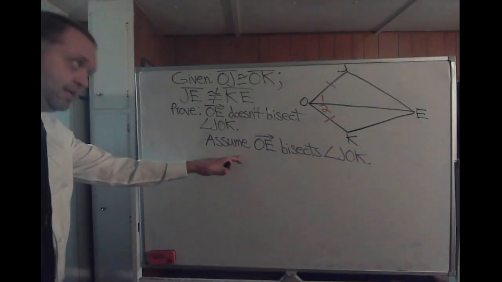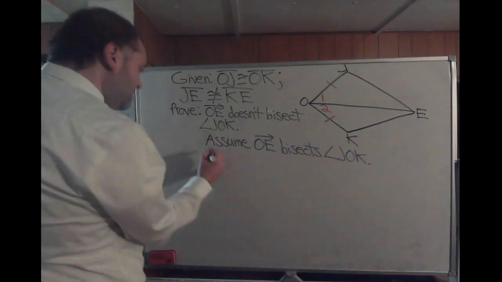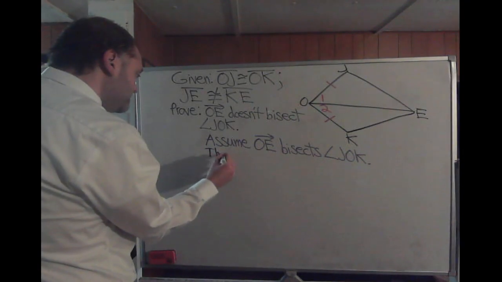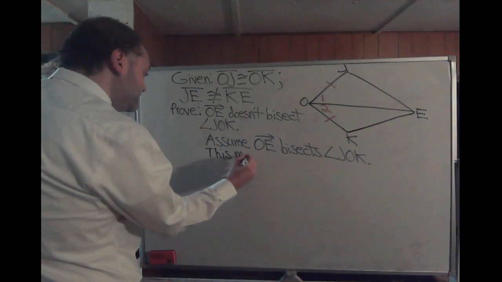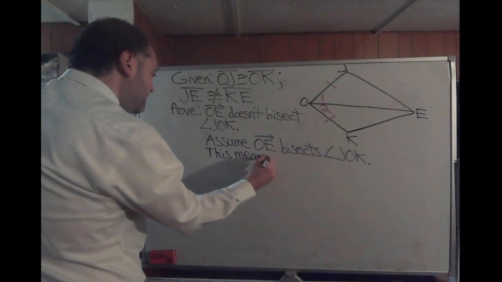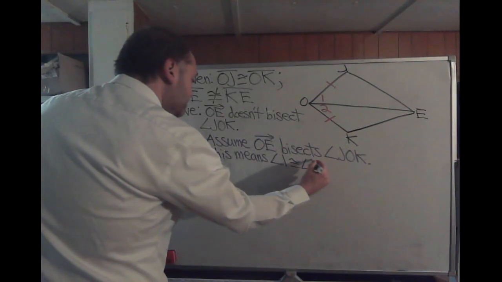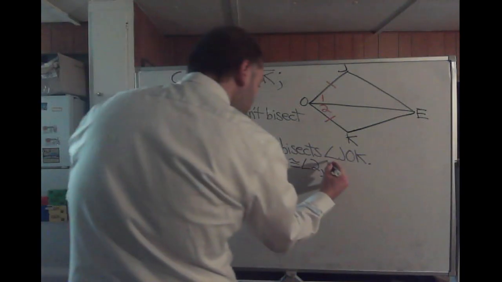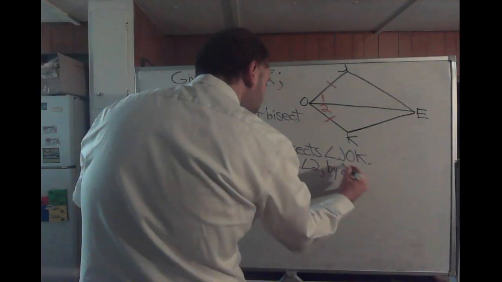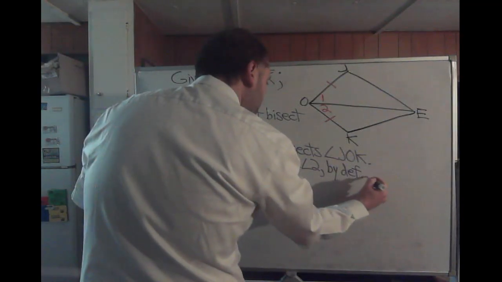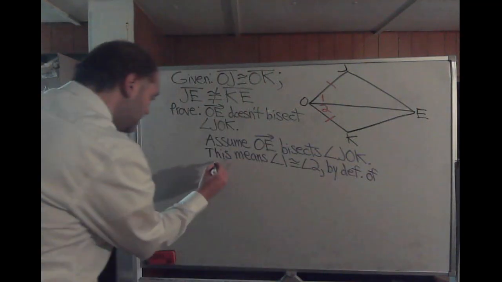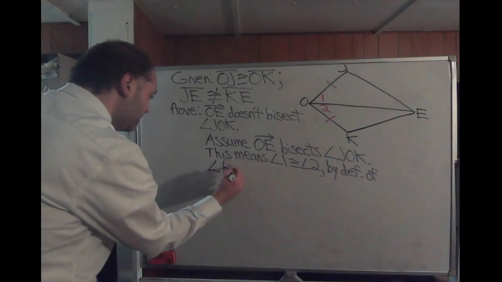So what does that mean? This means angle 1 is congruent to angle 2 by definition of angle bisector, right?